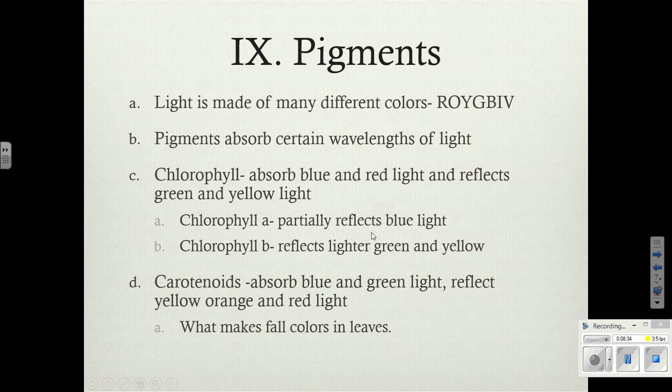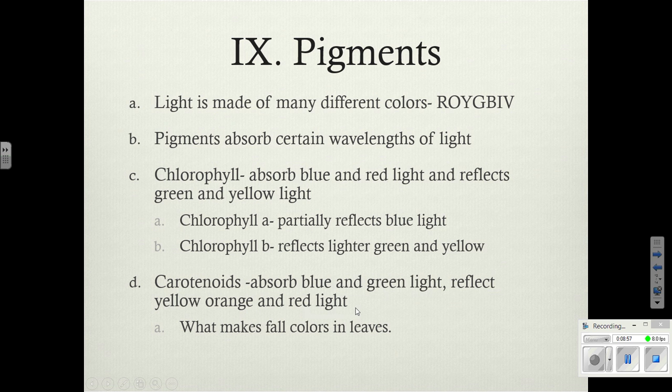Or they look either a dark green, which is a mix of those blue greens, or a really light green, because of what we're reflecting. We're not absorbing those pigments. One more pigment found in plants is called a carotenoid. Carotenoids reflect yellow-orange or red light, and they absorb the darker blues and greens.